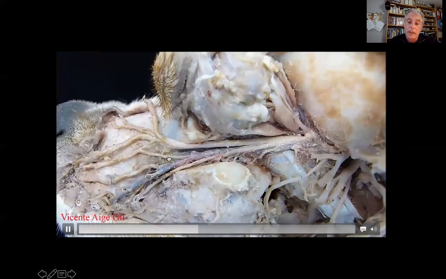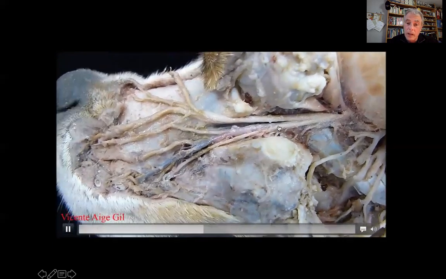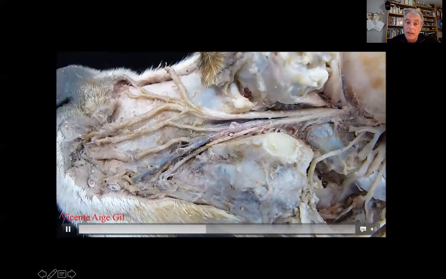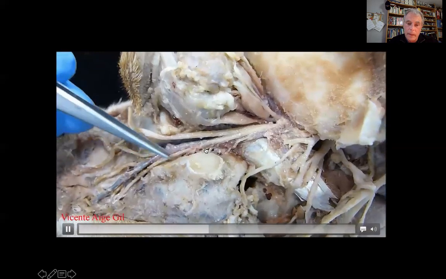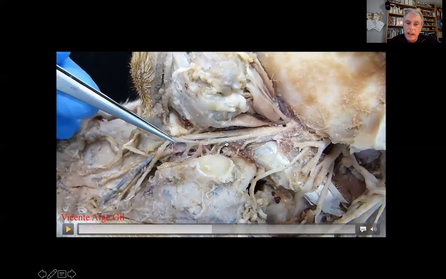This is the infraorbital canal that has been opened to see the infraorbital nerve with the maxillary artery and how it runs. And as we move that, we identify the dorsal superior alveolar nerves that are going to innervate the superior teeth.